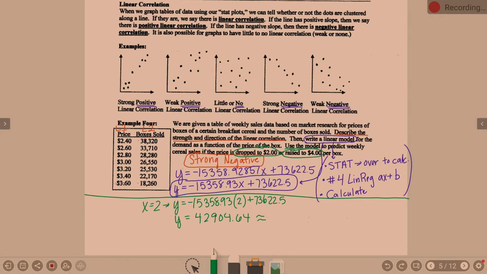If I had already put this in there and you're trying to find the y value for an x value, I click trace. See that trace button? Right now it says I'm on plot L1, L2. I don't want to be on the plot, I want to be on the line.